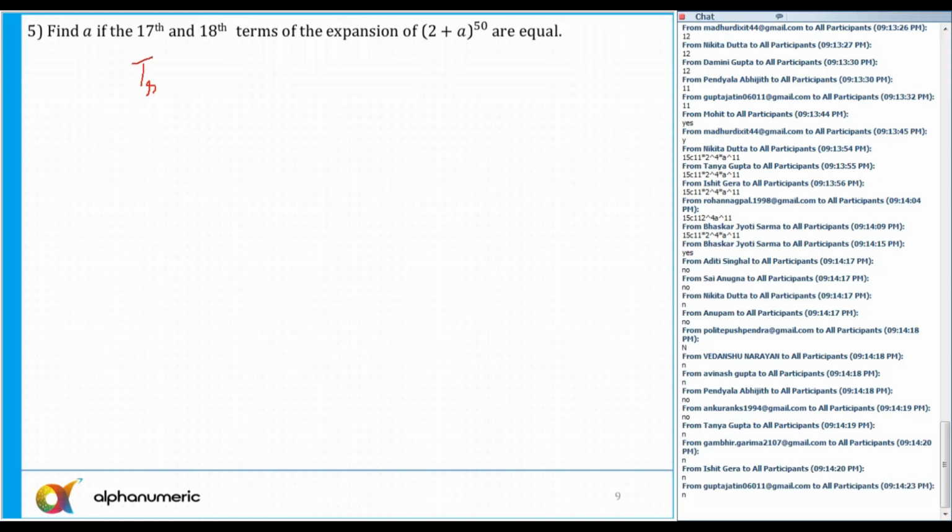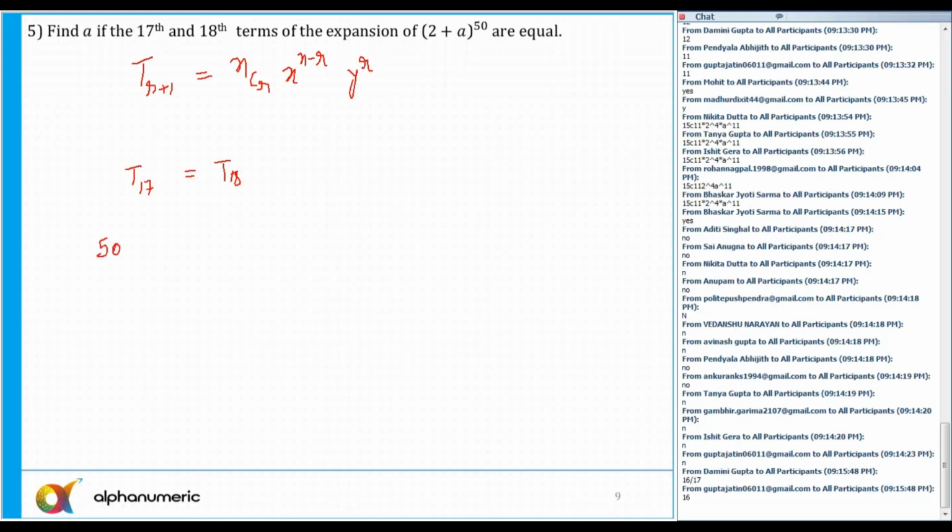Now we all know that TR plus 1 term is always equal to nCr into x raised to power n minus r into y raised to power r. Alright. So T17 here is equal to T18. So T17 means r is equal to 16. So I can say that is 50C16 into 2 raised to power 34 and into a raised to power 16.